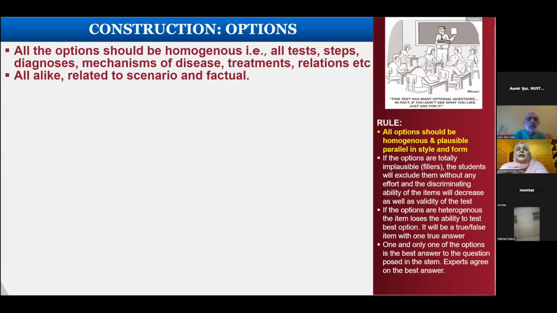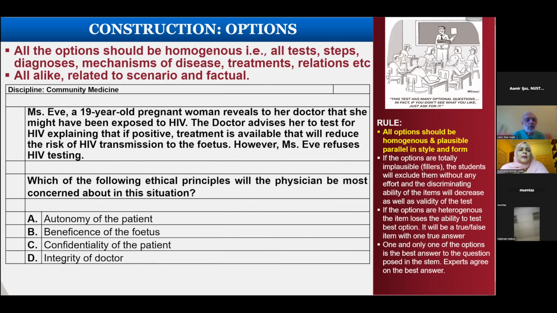All options should be homogeneous, that is, all are tests, steps, diagnoses, mechanisms of disease, treatments or relations, or alike, which are related to the scenario and are factual. Again, this is a question from community medicine. A scenario is given in which a woman has tested positive for HIV.